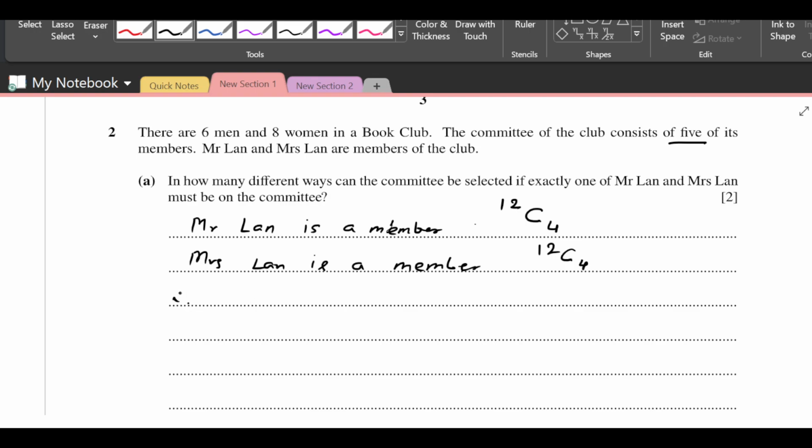So therefore, the required number of ways is equal to 2 times 12C4. 12C4 is how much?